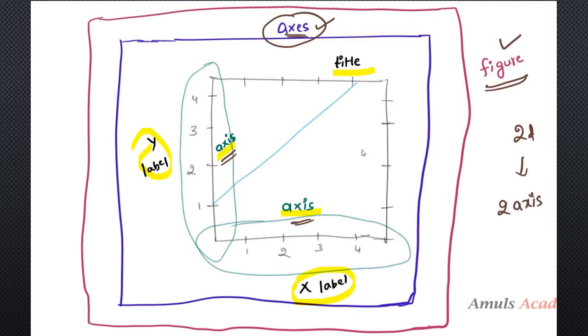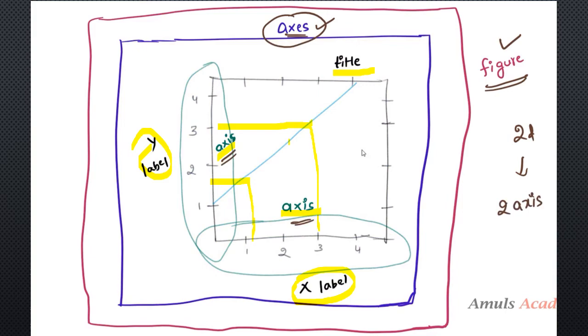The first point is a coordinate and the second point is a coordinate; when they are joined, we get the lines. Then the third point can be joined as well. So this is the line chart.